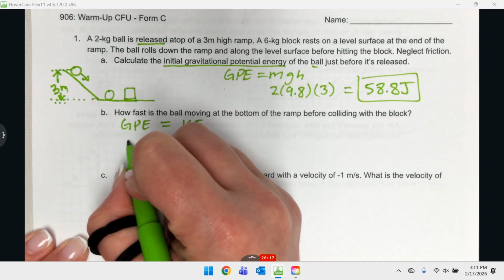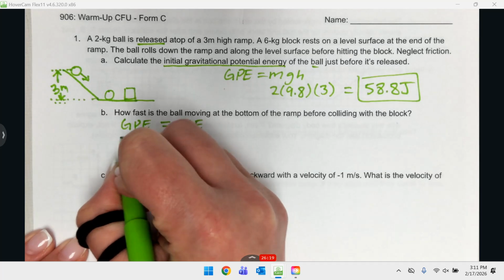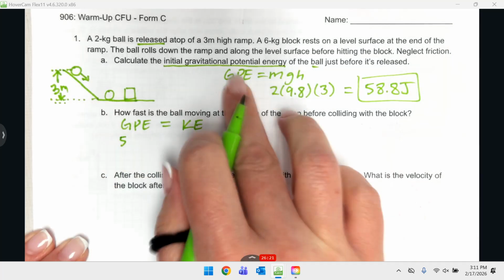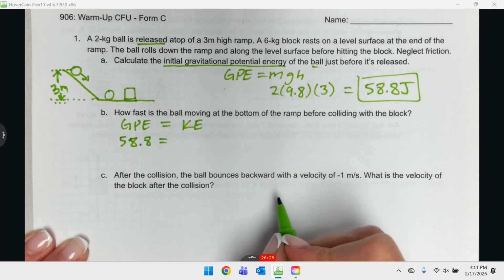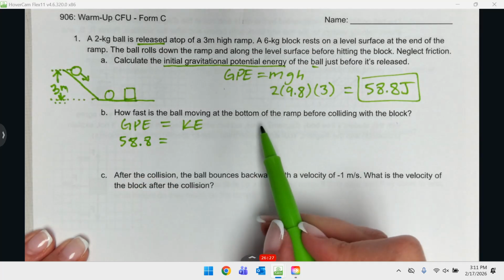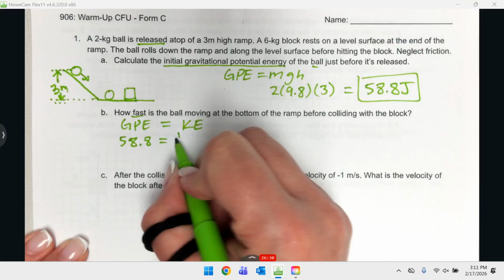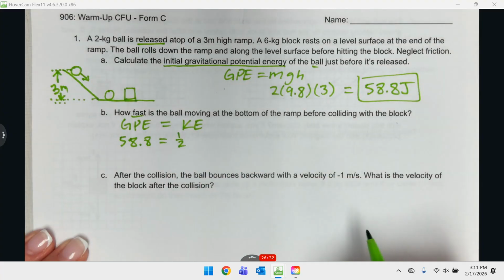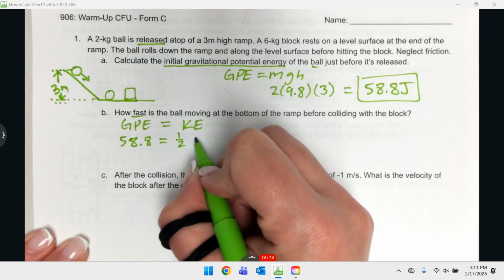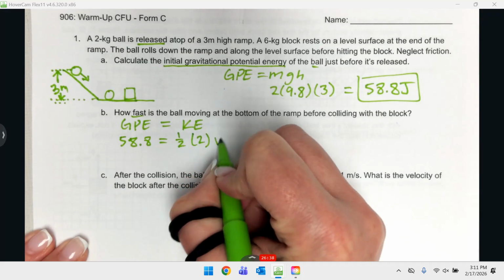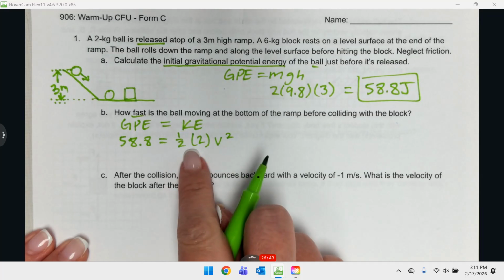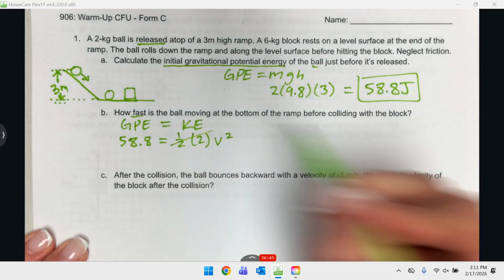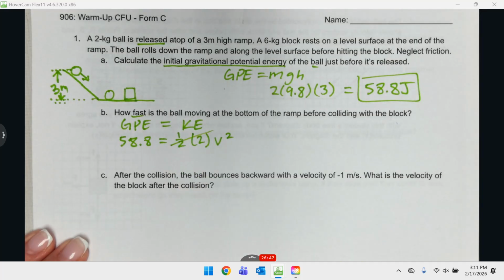We already have the GPE as 58.8. We could put mgh, but we already did that. So let's take the 58.8 and set it equal to our KE. We don't want energy though, we want how fast, so we're looking for the velocity. Let's plug in our equation for KE, which is 1/2 mv squared. The mass of the ball is 2, and half of 2 is 1, so 1 times v squared.